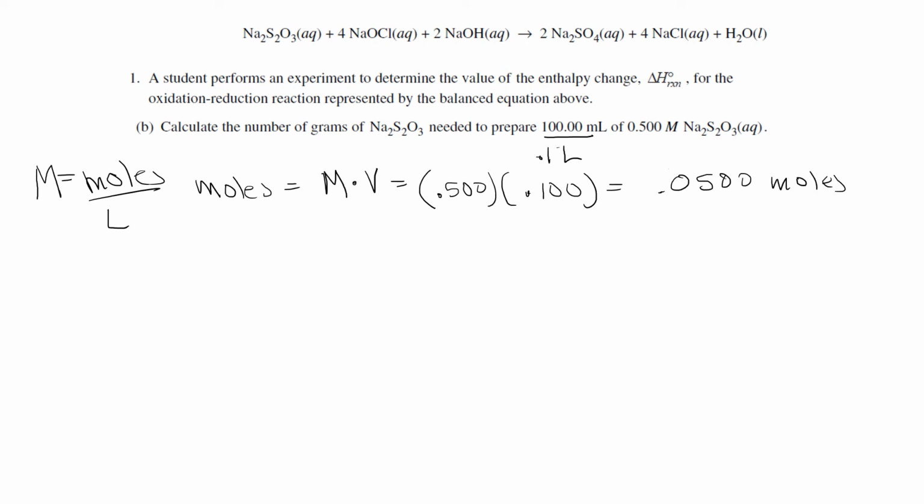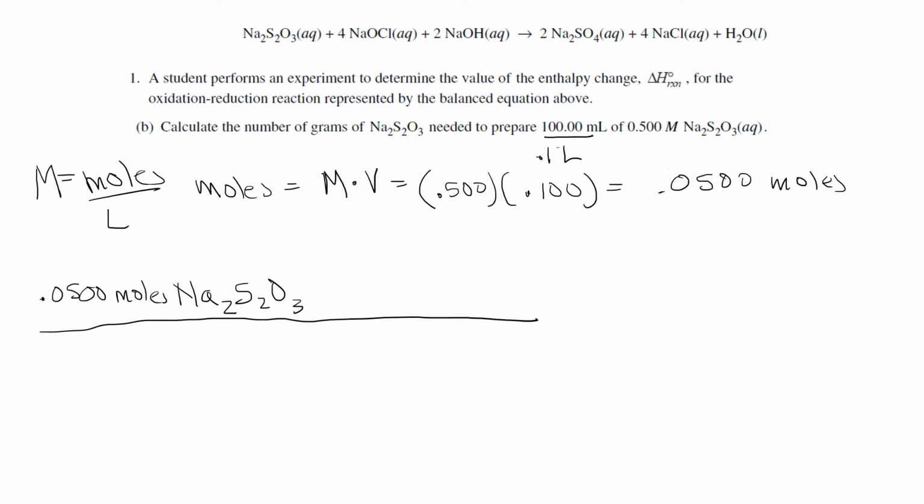And that's the first part. So you would earn 1 point for figuring out moles. The second part of this problem is you're going to use the moles that you figured out. So 0.0500 moles of my substance, and get into the habit of writing all 3 of those things down when you're solving it, just to keep yourself honest.